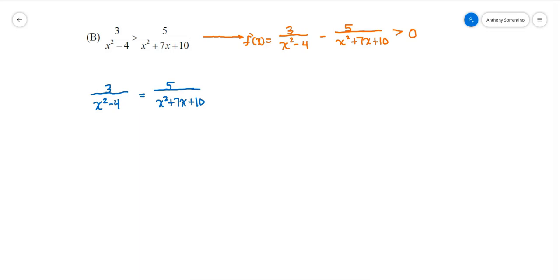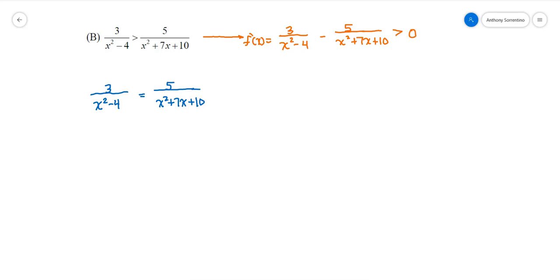And again, I'm not really losing anything here, because if I wanted to solve my f of x and make a similar equation, what I would probably do immediately is add the 5 over x squared plus 7x plus 10 again to get to the point where I could do my cross multiplication. But any manipulation I'm doing is working under the assumption that these exist.